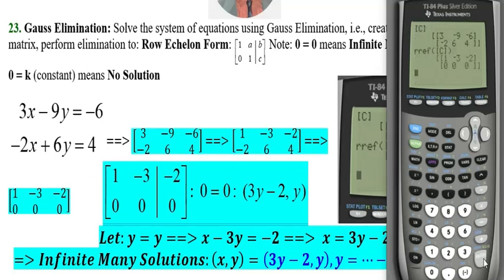So that's equal to 1, minus 3, minus 2, 0, 0, 0. That means 0 times X plus 0 times Y equals 0, which is 0 equals 0. That is infinitely many solutions.